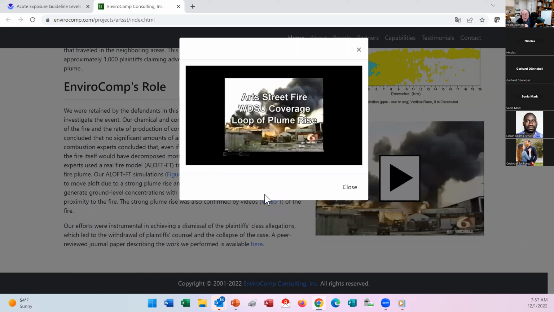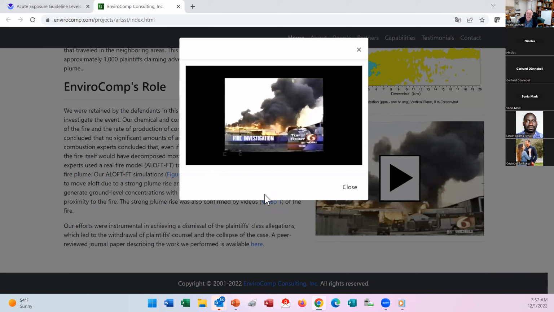And when the fire is large, as I told you before, the plume is not going horizontal, or is going horizontal much, much later. The plume is going up. 99% of the plume is going up, and it will continue to go up because it's quite hot. However, be careful.